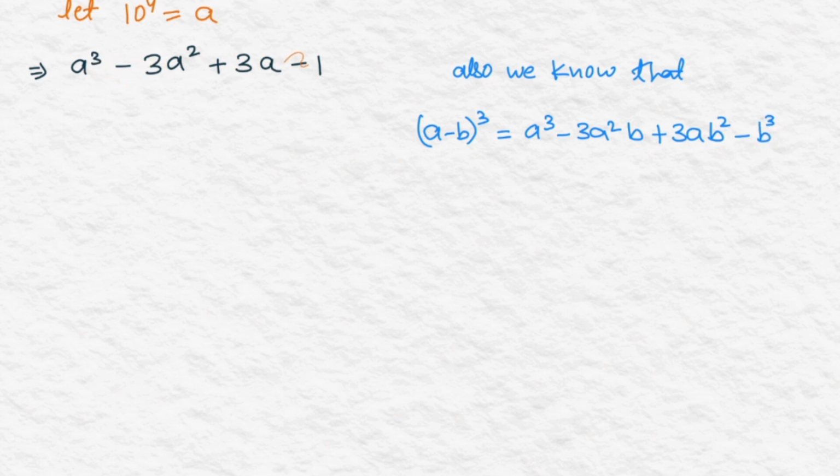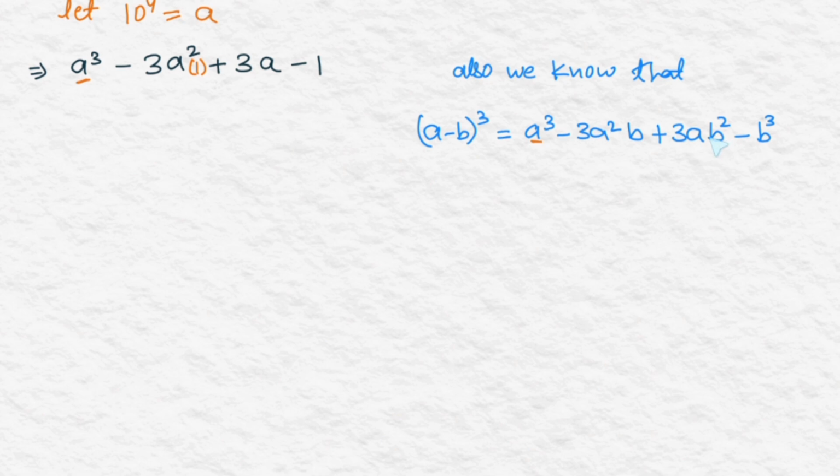Now we're gonna compare this equation with this equation. We have a cube here, a cube here. We have minus 3a square b, here also we have minus 3a square b. Here b is nothing but 1. Then 3a, and we have 3ab square.